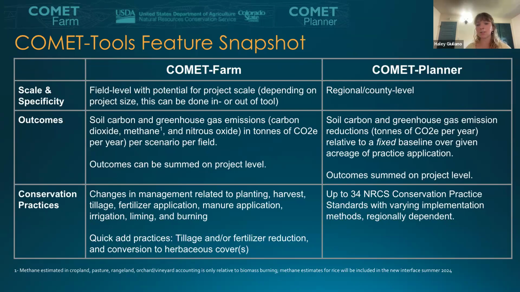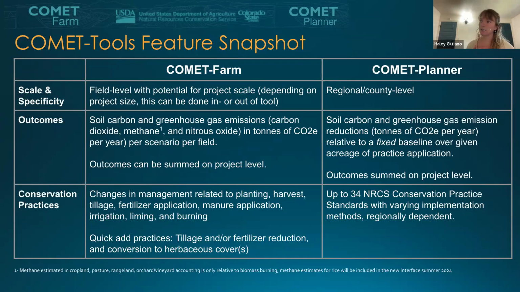There are some features to help quickly add actual conservation practices. So you have the ability to just quickly add a reduction in tillage or a reduction in fertilizer or adding cover crops. But the management changes that you can make in COMET Farm are very flexible.